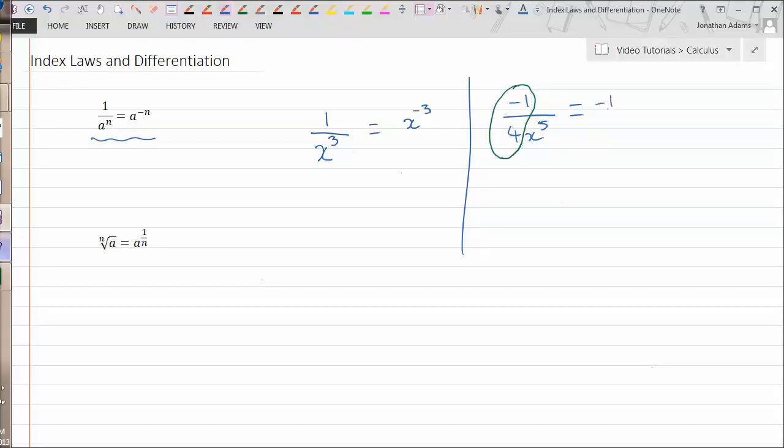So in this case, it's negative 1/4. And this part here, to get it off the bottom of a fraction, I can just bring it to the side and make it a negative index there. So this expression, negative 1 on 4x^5, is the same as negative 1/4 as a coefficient of x to the negative 5. Okay, so just that negative sign there brings terms out of the denominator and brings them into the numerator.